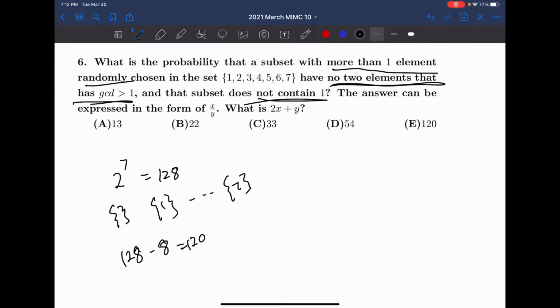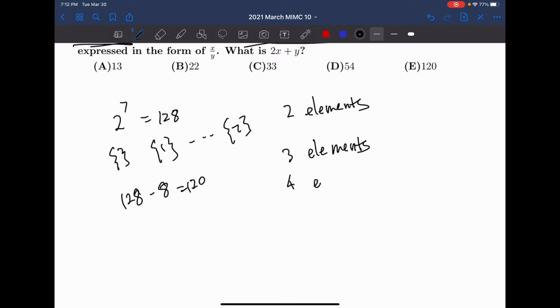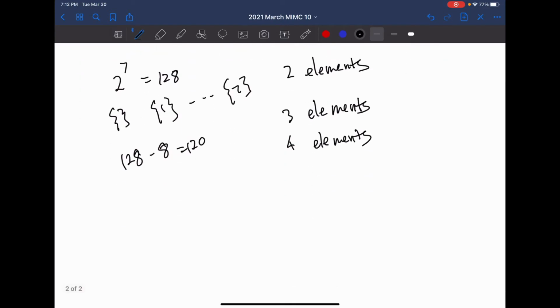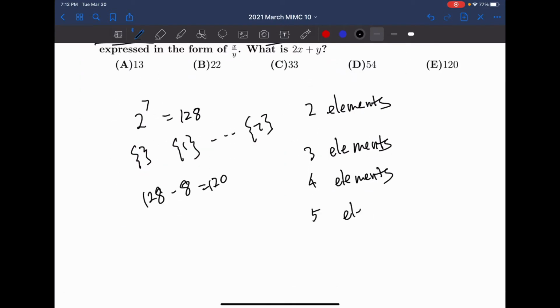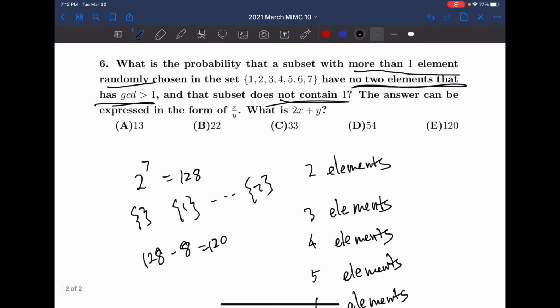The subsets that I think of can be 2 elements, 3 elements, 4 elements, 5 elements, 6 elements, because it does not contain 1, so it cannot have all 7 elements, or 1 element because it has more than 1 element.